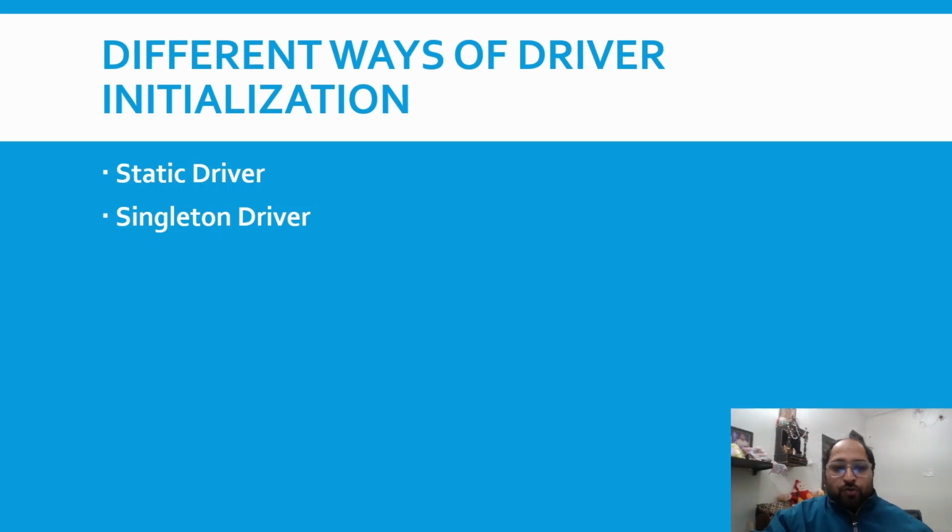Today we are going to cover the challenges using static driver and the challenges using singleton driver as well. First, we will cover static driver and its resolution, and then we will try to understand singleton driver, parallel execution challenges, and later resolution. So without further delay, let us quickly jump onto the demonstration.